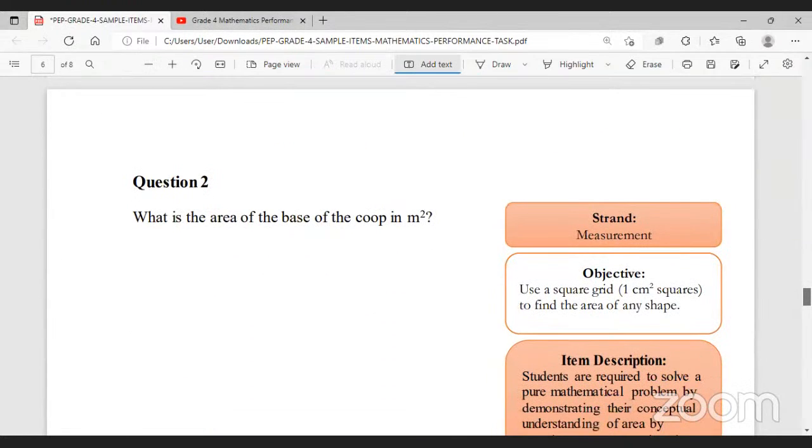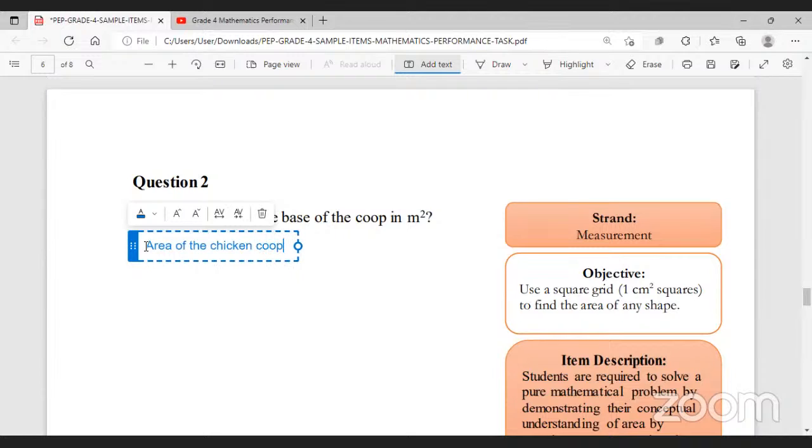Let's move on to question 2. Question 2 says, what is the area of the base of the chicken coop in meters squared? And we can just go ahead and write a formula for area. So we can say area of the chicken coop, and that was a rectangle.